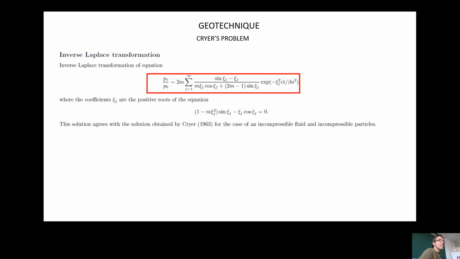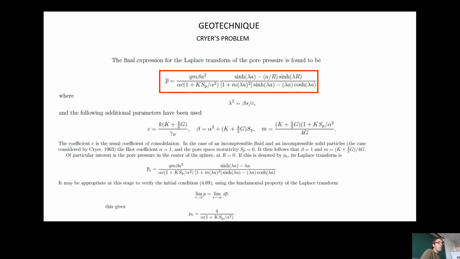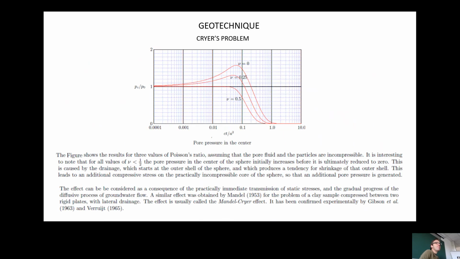So this is the case, as we said before, of the incompressible fluid and incompressible particles, the case that was considered by Cryer in 1963, with the Biot coefficient alpha equal to 1 and the pore space storativity S_p equal to 0. So it's a very specific case.